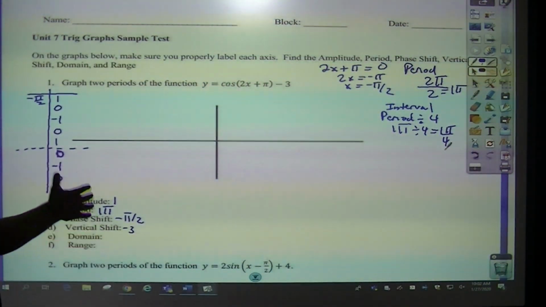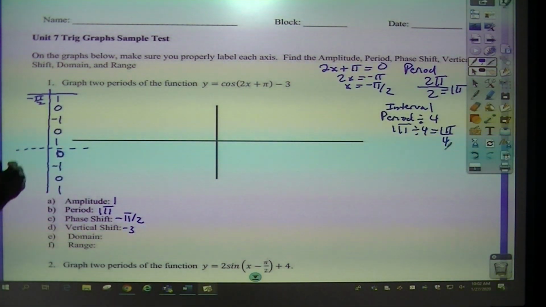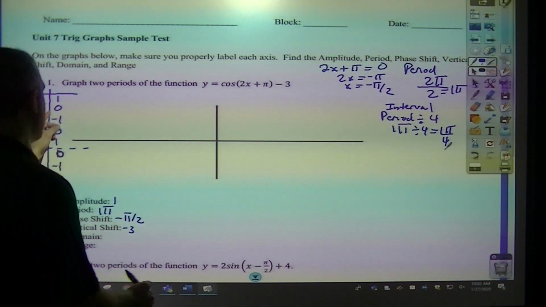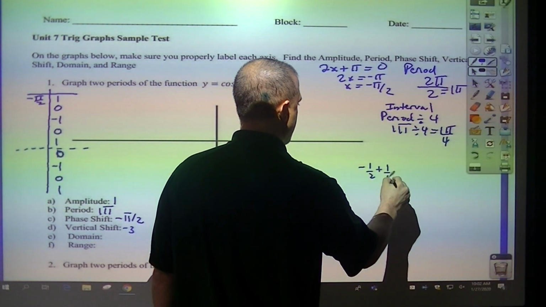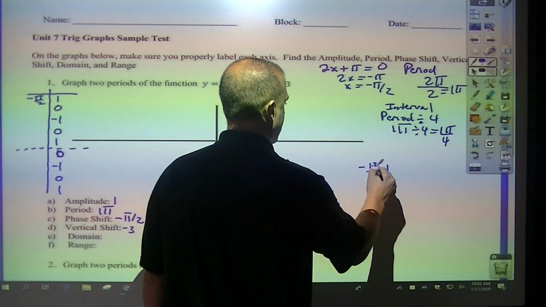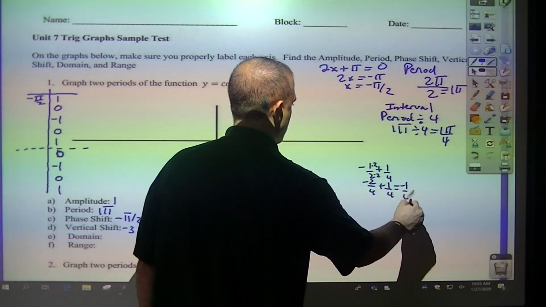We talked about this in class as we go, all right? If you want to use fractions without the pi's, because they're all going to have them, that might be an easier way for you to go. So what I want to do is start with -1/2, and add 1/4. Now the way that's going to happen is a common denominator of -2 over 4 plus 1/4 will be -1/4.